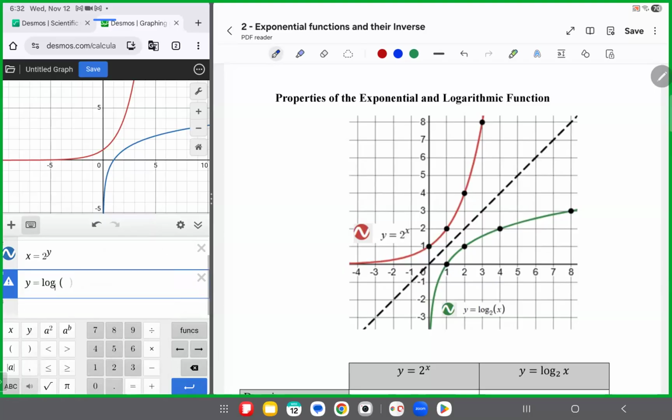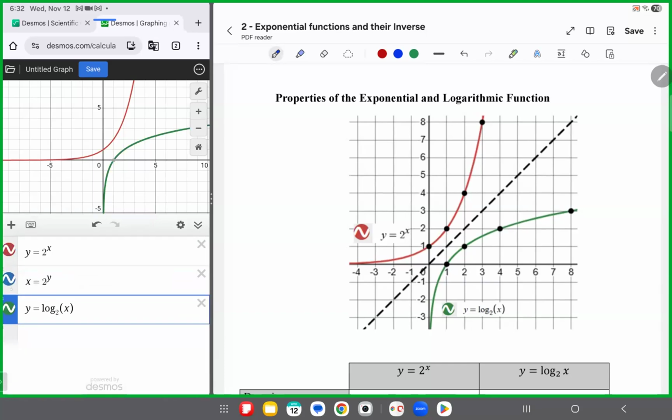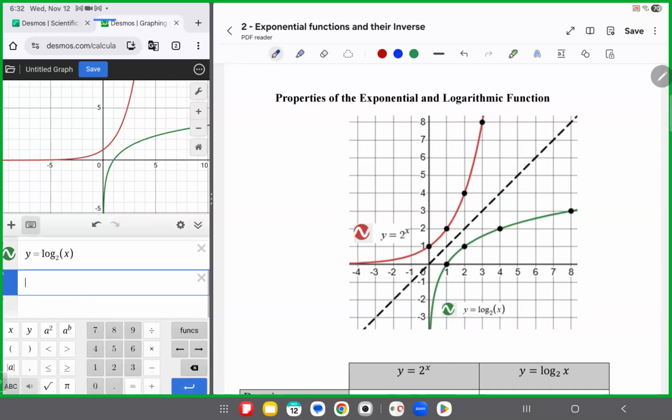And if I type in 2 and x into here, you can see that this is the exact same function.